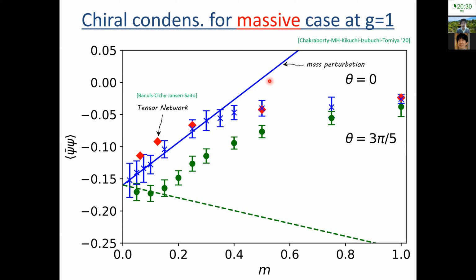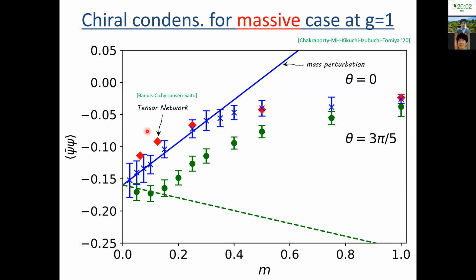For theta equals 0, we can use Monte Carlo simulation. And the straight lines are the result of mass perturbation. So we see that when the mass is small, we have an agreement between the numerical result and mass perturbation, but as we change the mass, we have a deviation.